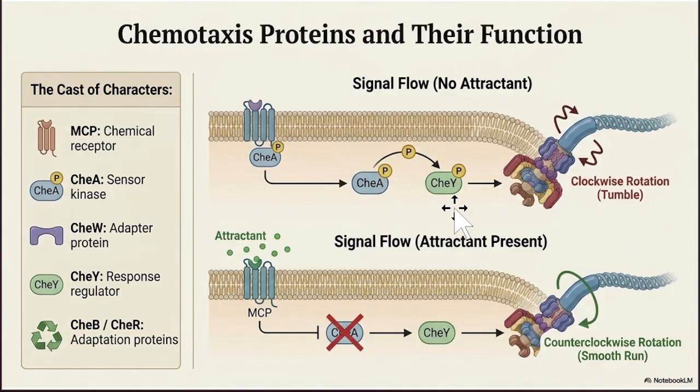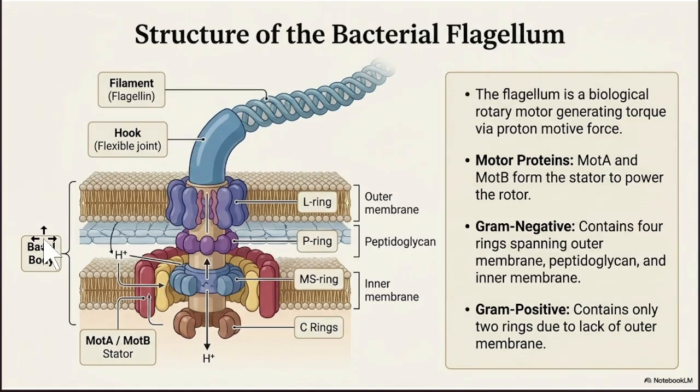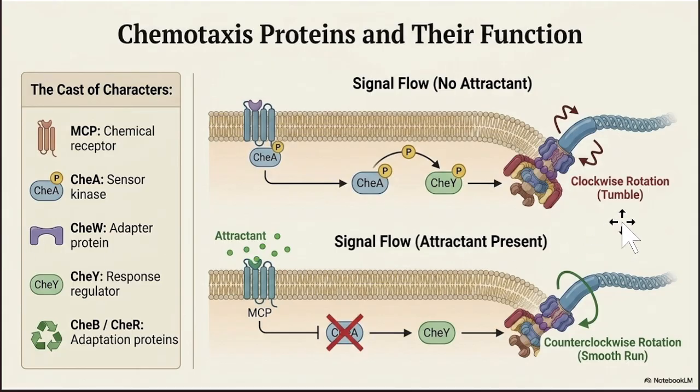What are the chemotaxis proteins and their functions? When the receptor activates, it autophosphorylates and activates CheA; CheA moves in the cytoplasm and activates CheY. Through it, MotA and MotB are activated, producing clockwise or anti-clockwise rotation.